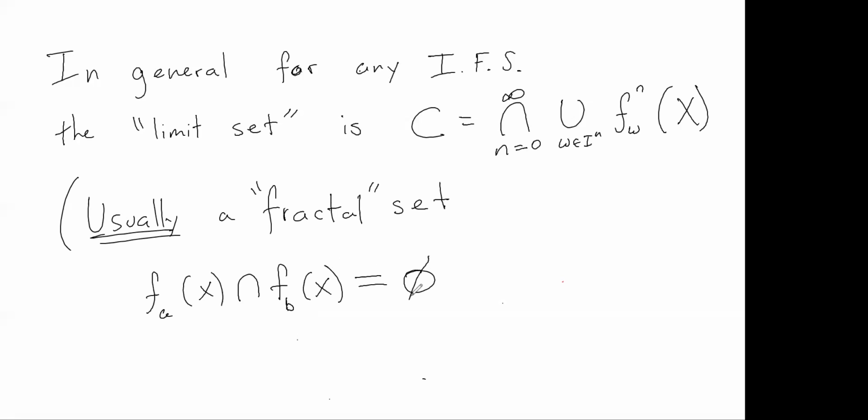So I don't want the images to overlap. And as long as these images are separated, we will have a fractal pretty much guaranteed. This is called some separation condition.